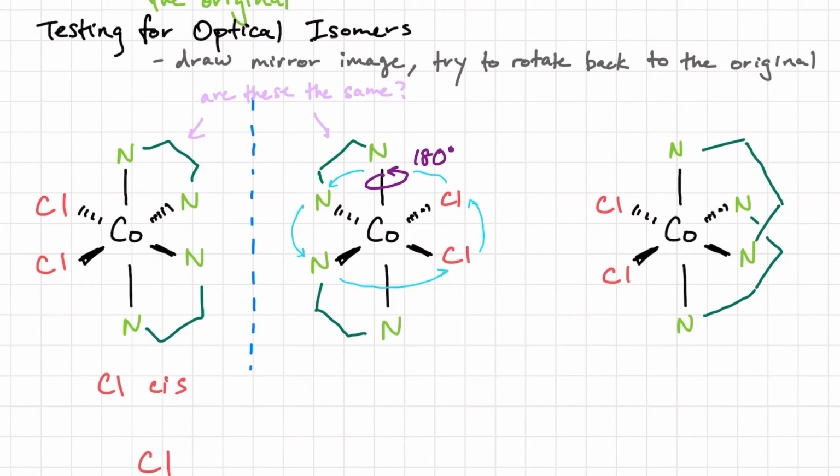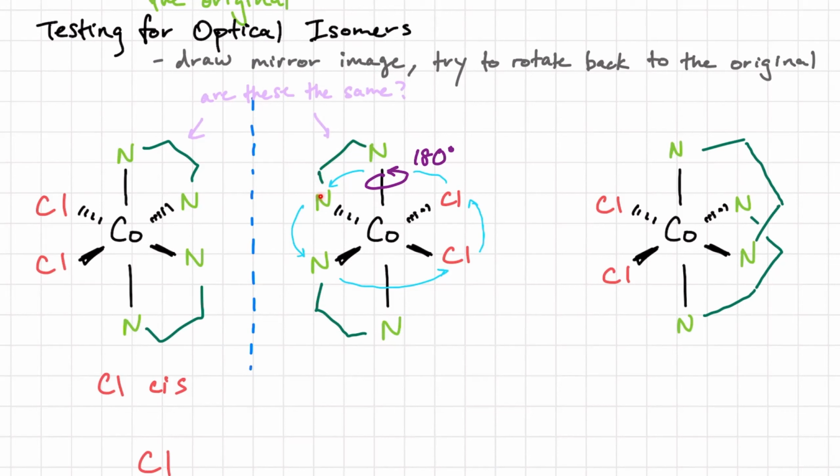So everything in this square has to move 180 degrees. The chlorines, I think a lot of people are able to see. The nitrogens, if I'm starting with this one here, this one is permanently attached to this nitrogen. There's kind of like a string attaching both of them together. So this string is always connecting these two together.